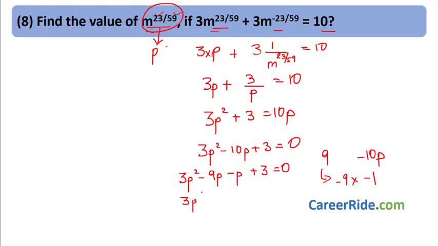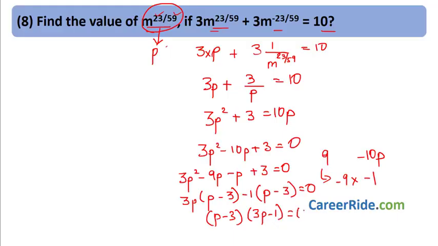So we will have 3p common, p minus 3, minus 1, p minus 3 equal to 0. So p minus 3 into 3p minus 1 would be equal to 0. So what can we have? We can have p equal to 3, or we can have 3p equal to 1, that is p equal to 1 by 3.